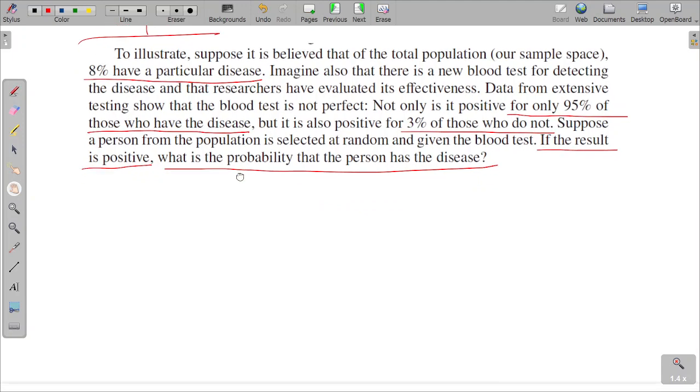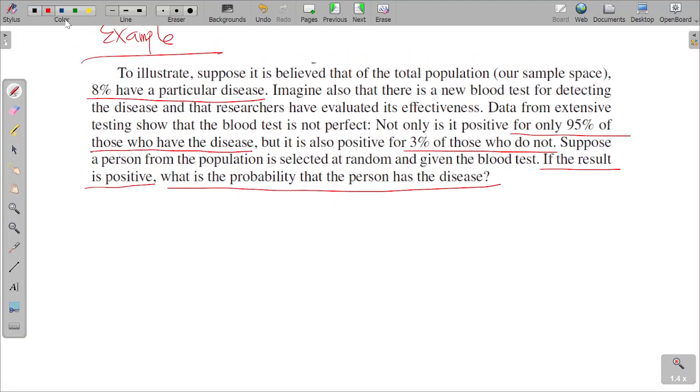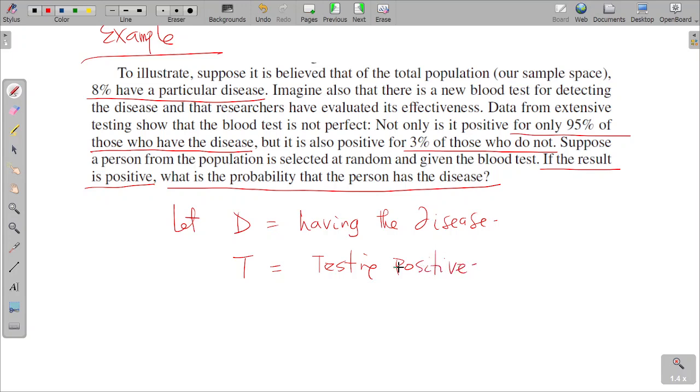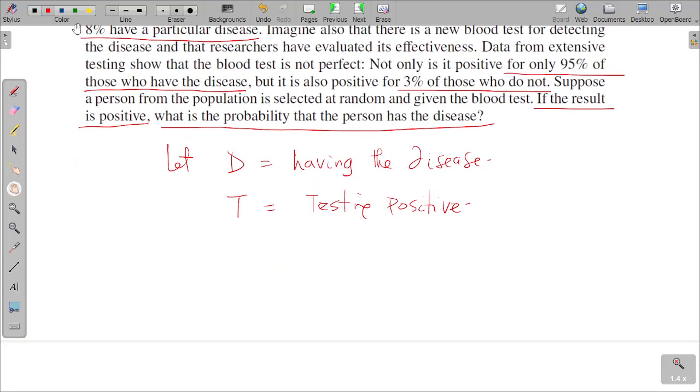In order to do this, first we need to write out our notation. Let D be having the disease. That means T will be testing positive. In other words, if D is those who have the disease, D prime is not having the disease.